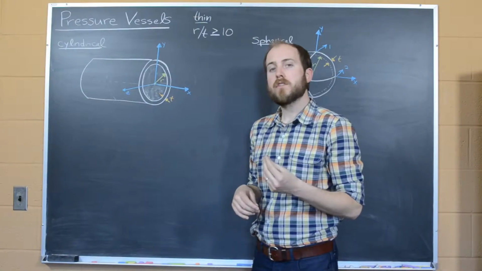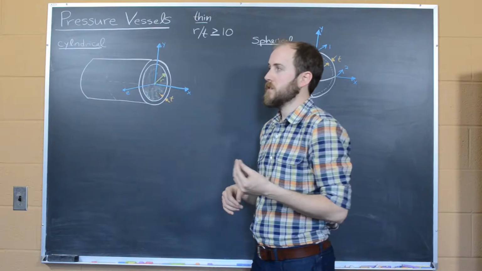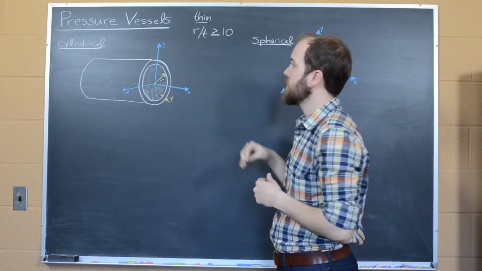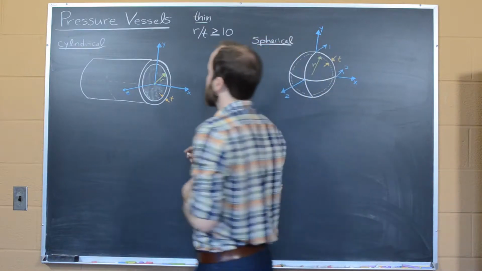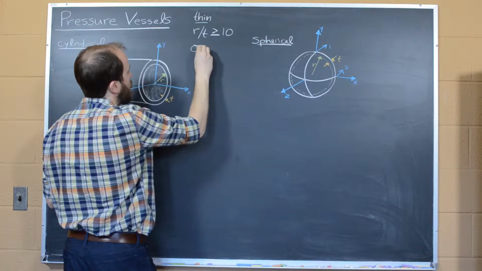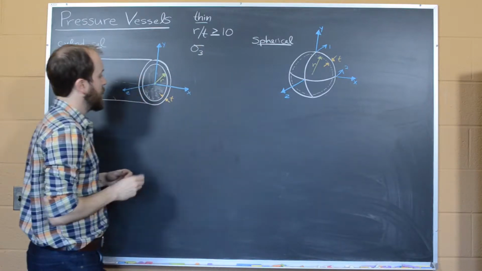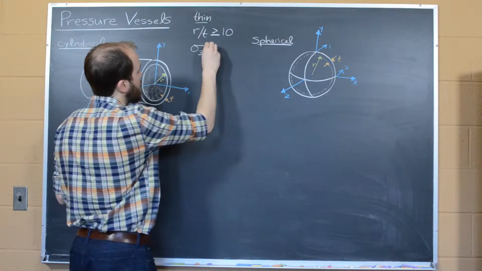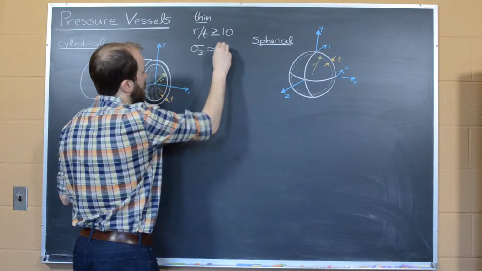For both the cylindrical and spherical pressure vessels, we're neglecting any through-thickness stress. And so if we consider the stress that goes through the thickness of the structure, if we call that sigma 3, so that's referring to any stress that's going on through this thickness, we're going to approximate that it's 0.